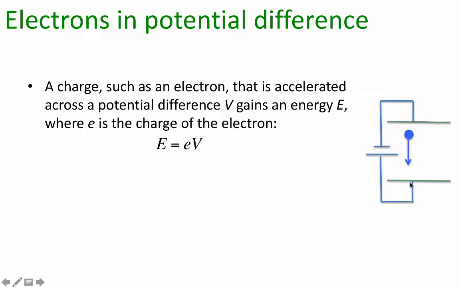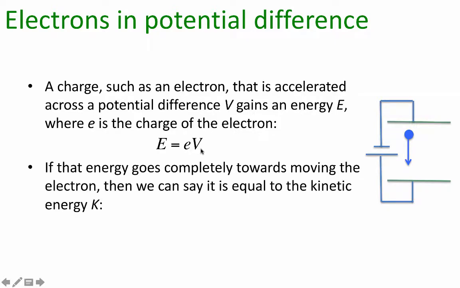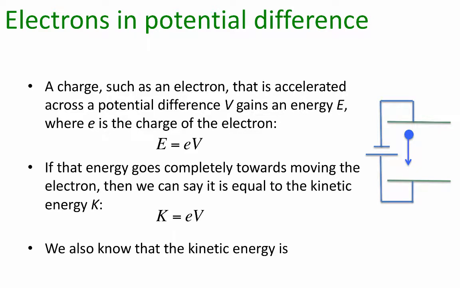Our electron is then pushed towards the other plate, and the total energy would be equal to the charge times the potential difference, or e times V. If that energy goes completely towards moving the electron, then it must be equal to the kinetic energy. So therefore, the kinetic energy, K, equals eV. And the kinetic energy, we know from introductory physics, is equal to 1/2 mv squared.